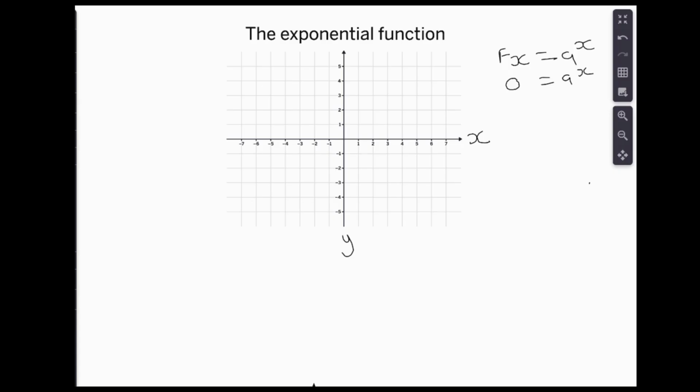Now, remember, this graph is going like this. It's coming from very high y values, and then it is coming down along the positive x values.